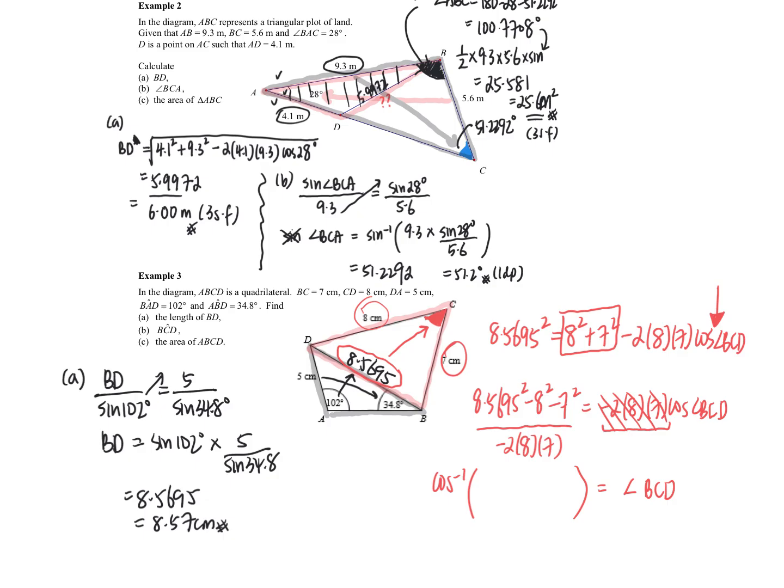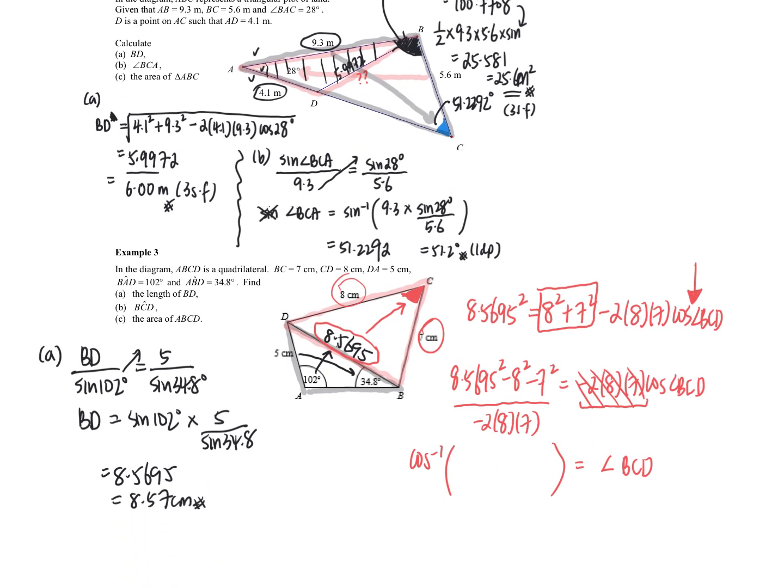So I very quickly give you the answer because this is almost the last. Cosine inverse, you will get 69. This one just copy here. 69.314, which is 69.3. So area, I think you can find, right?